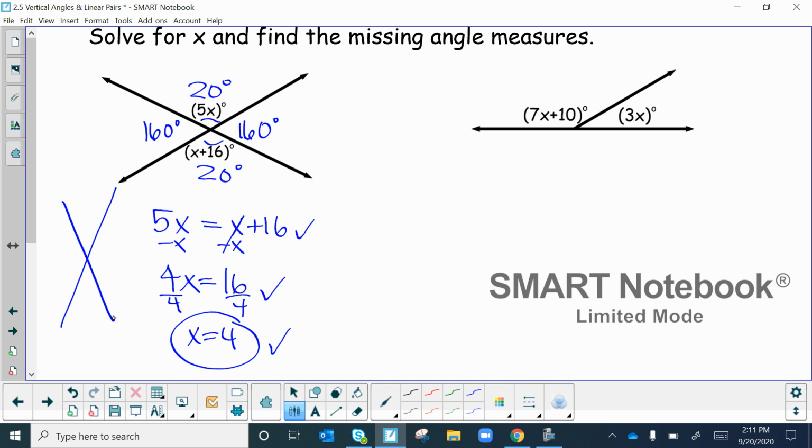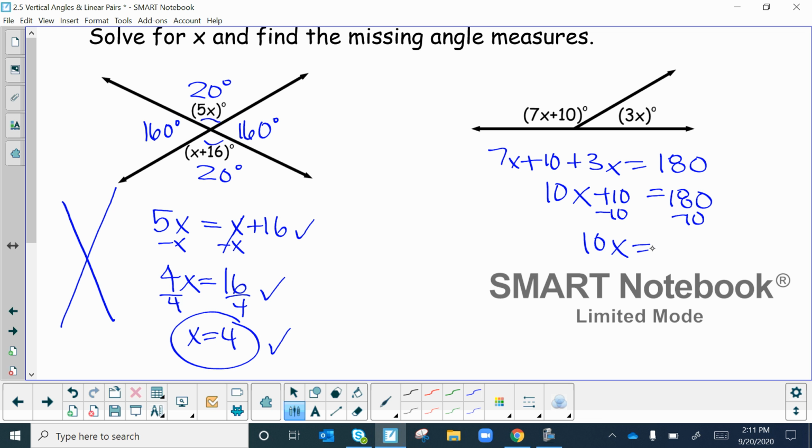Let's look at this one over here, 7x plus 10 and 3x. Obviously, those are a linear pair, so we want to add those two and set them equal to 180 because they are supplementary. So we have 10x plus 10 equals 180, subtract 10 from both sides. So 10x equals 170, divide by 10, and x equals 17.